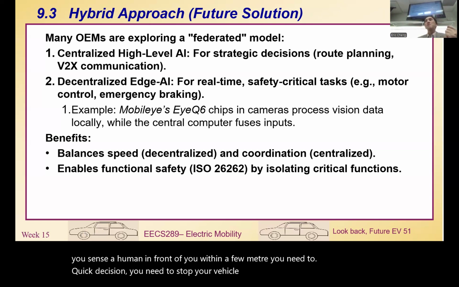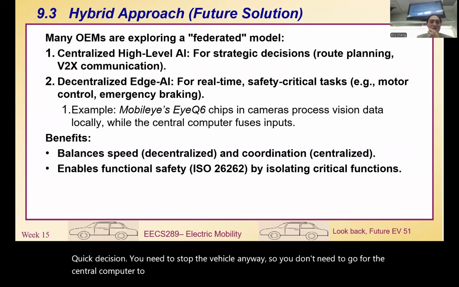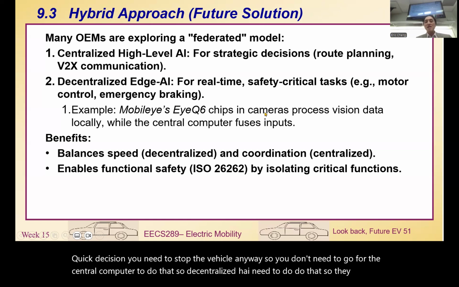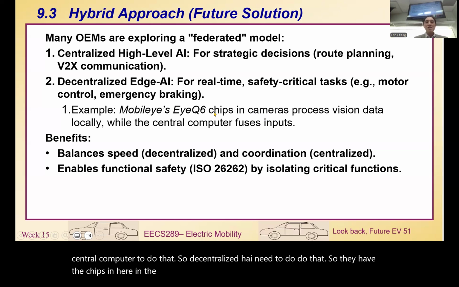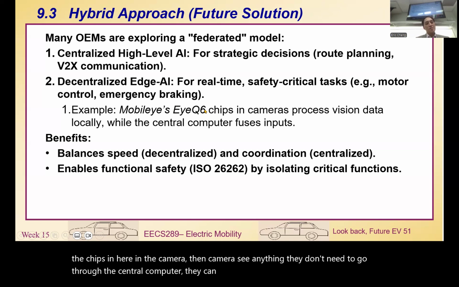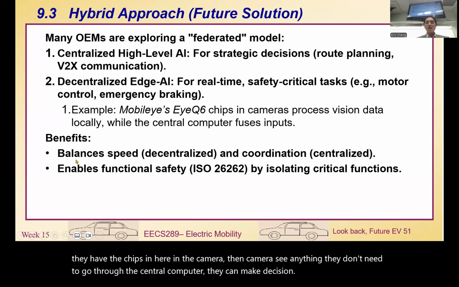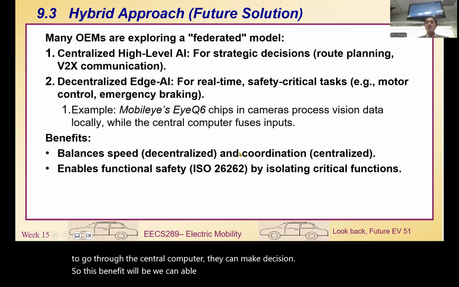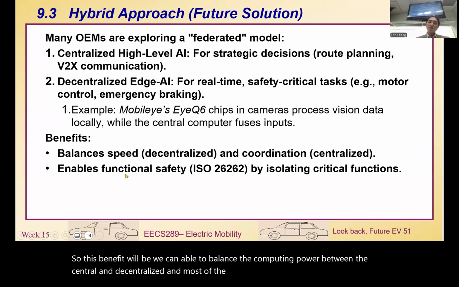You don't need to go through the central computer to do that, so decentralized Edge AI needs to do it. They have chips in the camera. When the camera sees anything, it doesn't need to go through the central computer. It can make the decision. The benefit is that we can balance the computing power between the central and decentralized, and also the coordination. It can also enable safety.